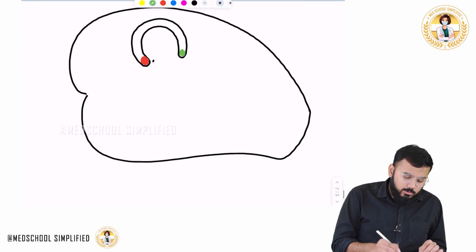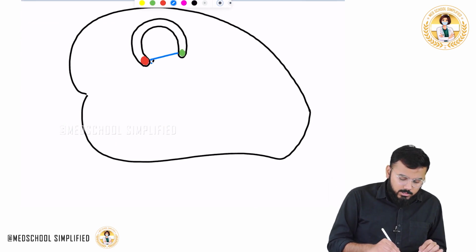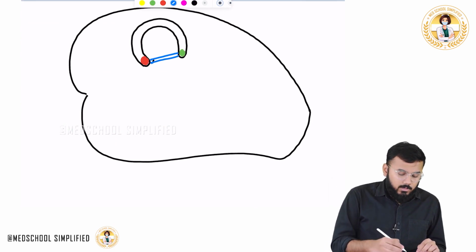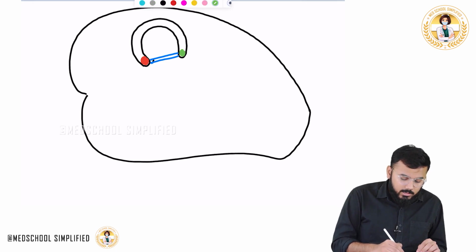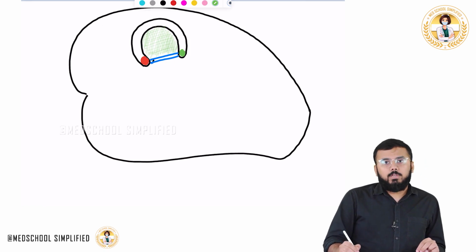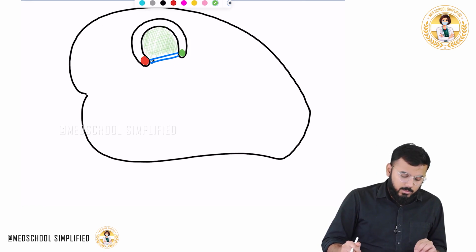Next, I have also told you that here we have a structure like this. This is called the fornix. Next important thing is that this particular structure over here is called your septum pellucidum, right?